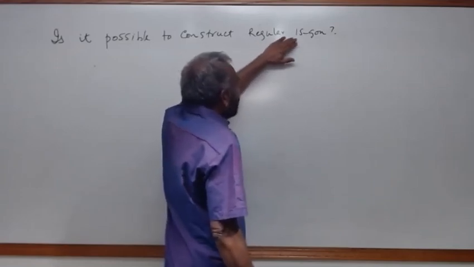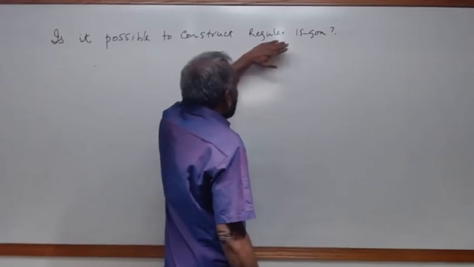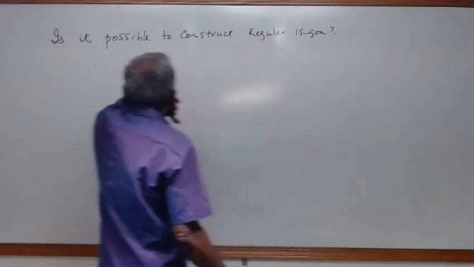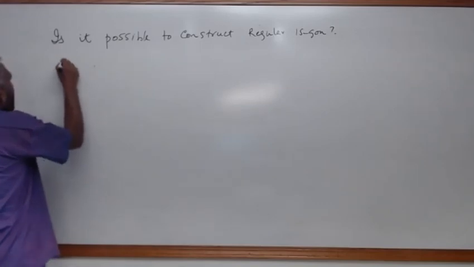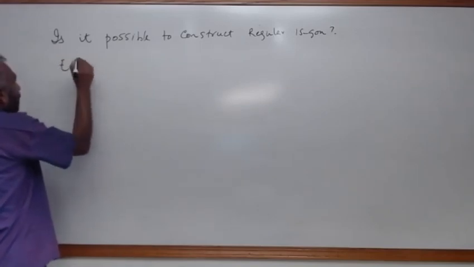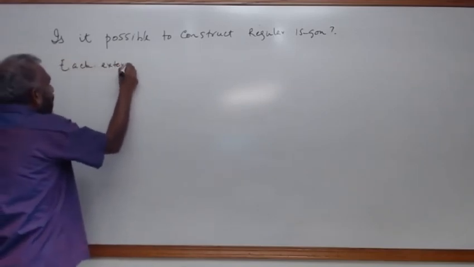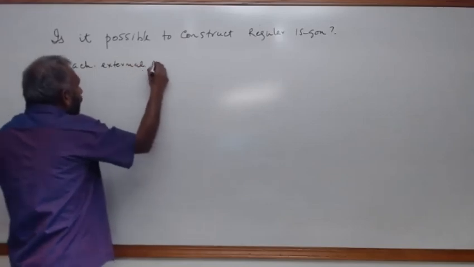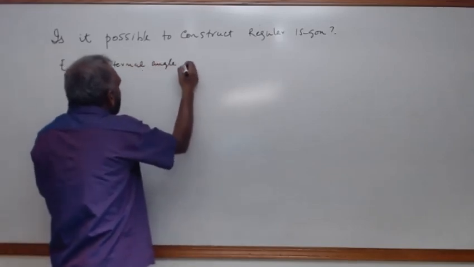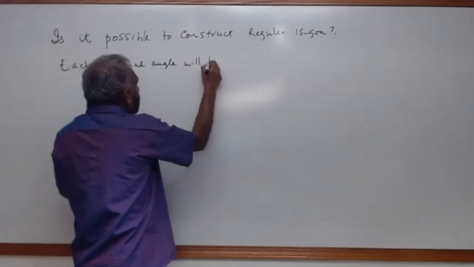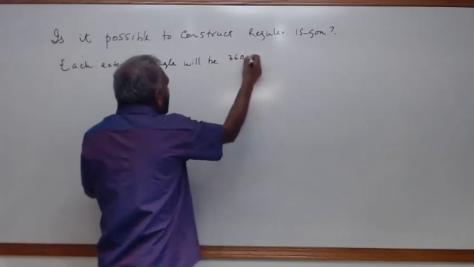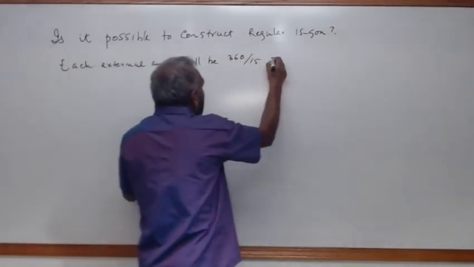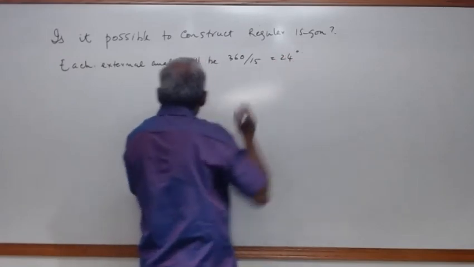There are 15 sides, all angles are equal, all internal and external angles are equal. So each external angle will be 360 degrees by 15, that is 24 degrees.